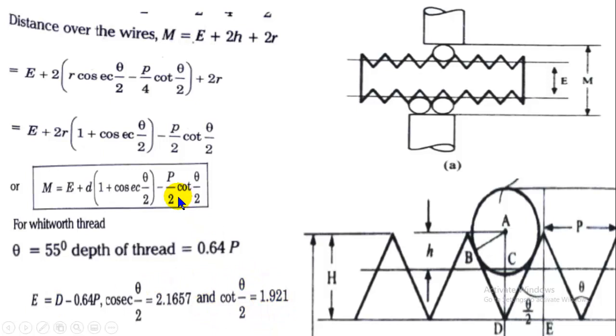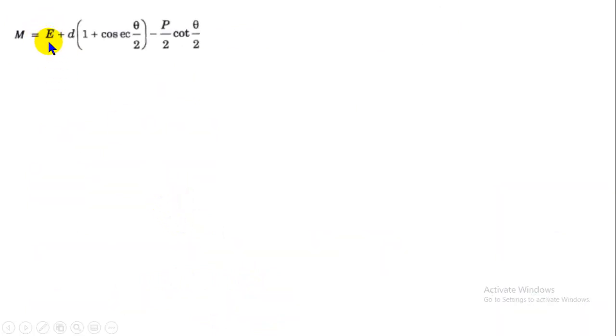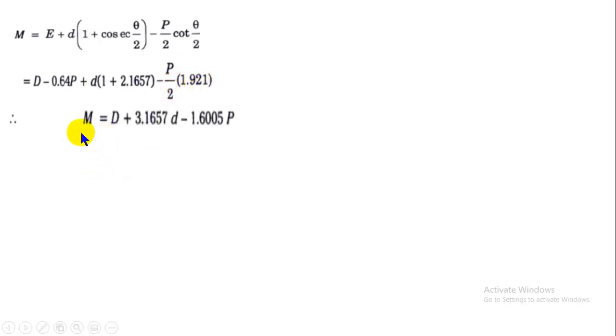Putting these values in this equation, we get d minus 0.64 p plus d into 1 plus 2.1657 minus p by 2 into 1.921, and after simplifying, M equal to d plus 3.1657 d minus 1.6005 p. This is for the Whitworth thread.